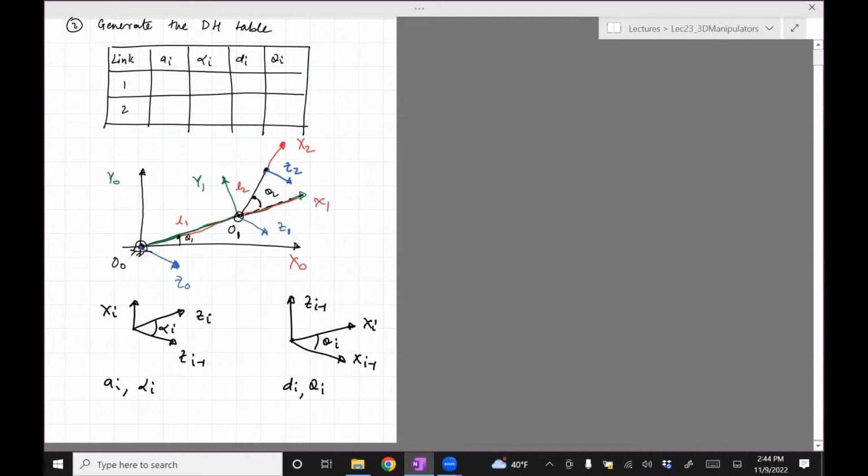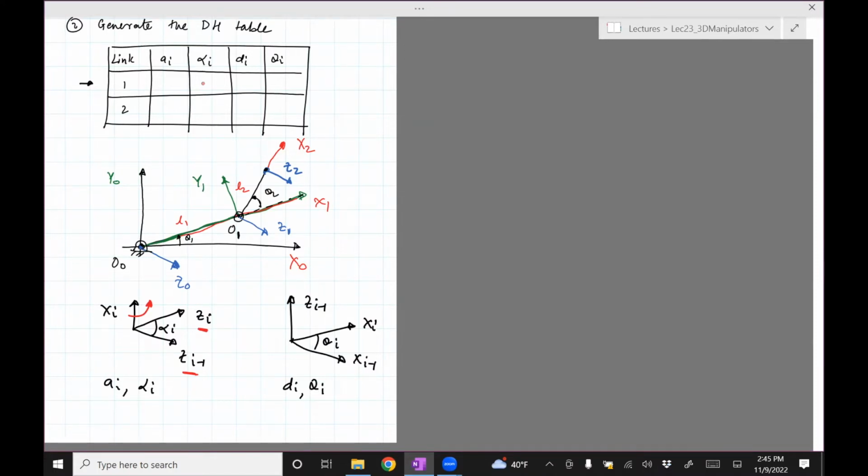Okay, so let's start with the first link. To get ai, it is nothing but the distance between, well, let's say the angle first. It might be easier than the distance. So alpha i is the angle between zi minus 1 and zi when rotated about the xi axis. So what is i first of all? i is 1.